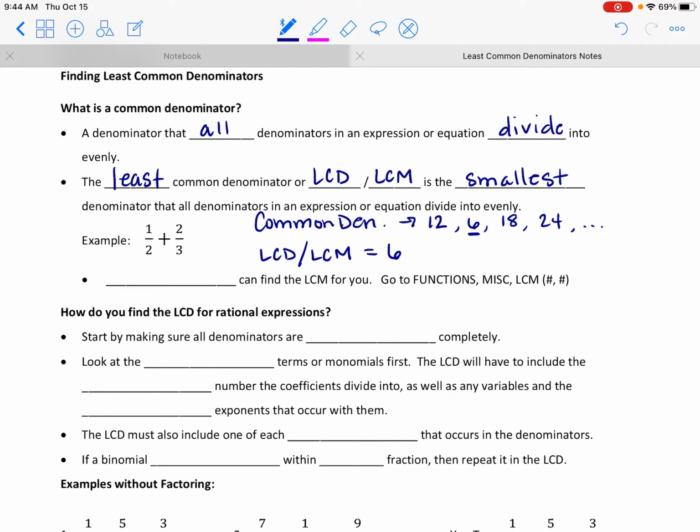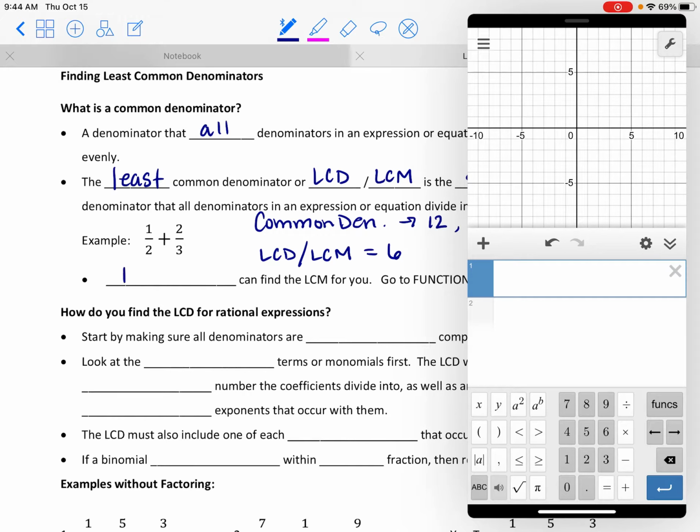If we're talking about just numbers, and the number piece will be important when we add the variables in, we can use the calculator to find the least common multiple.